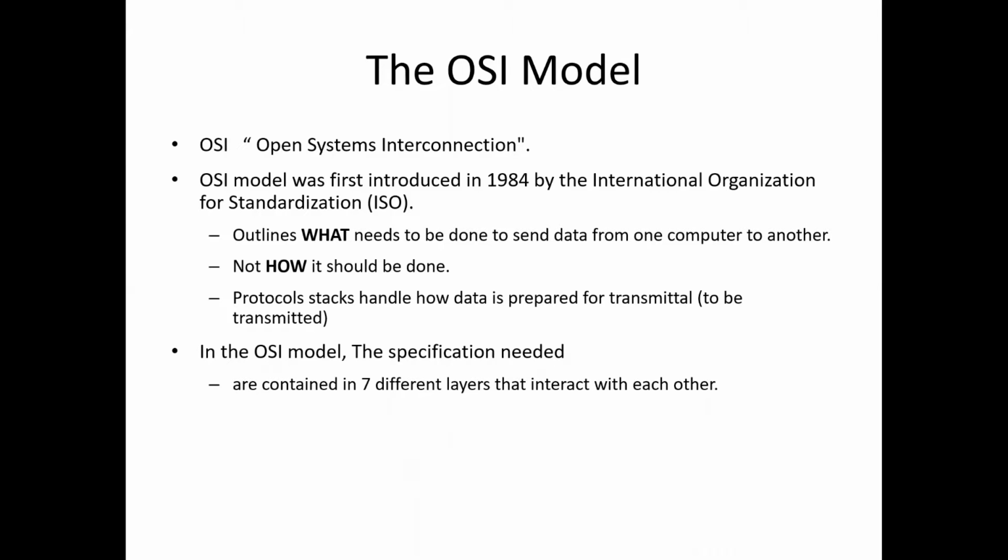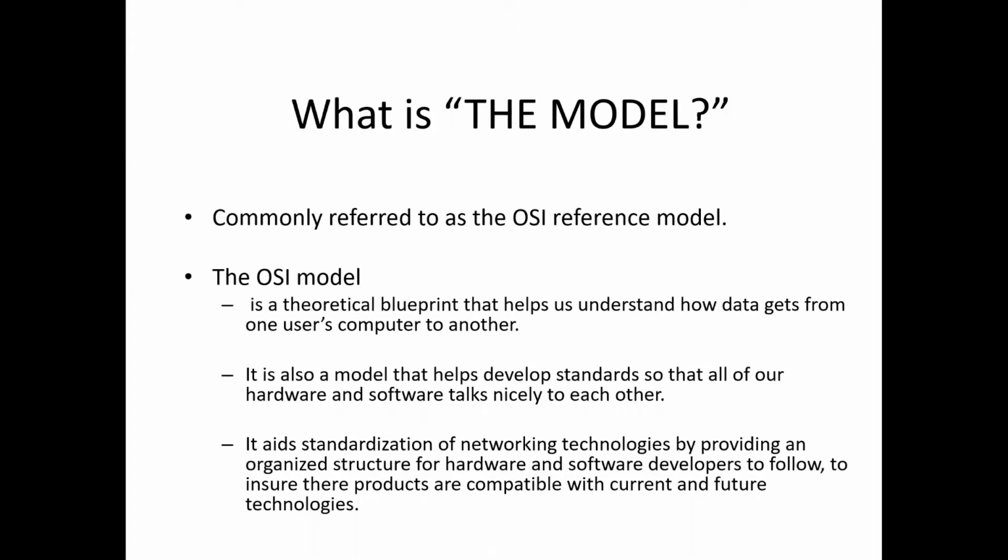In the OSI model, we have 7 different layers, but the OSI model is a theoretical model. It is also commonly known as the reference model. The OSI model is the theoretical blueprint that helps us understand how data gets from one user's computer to another computer.